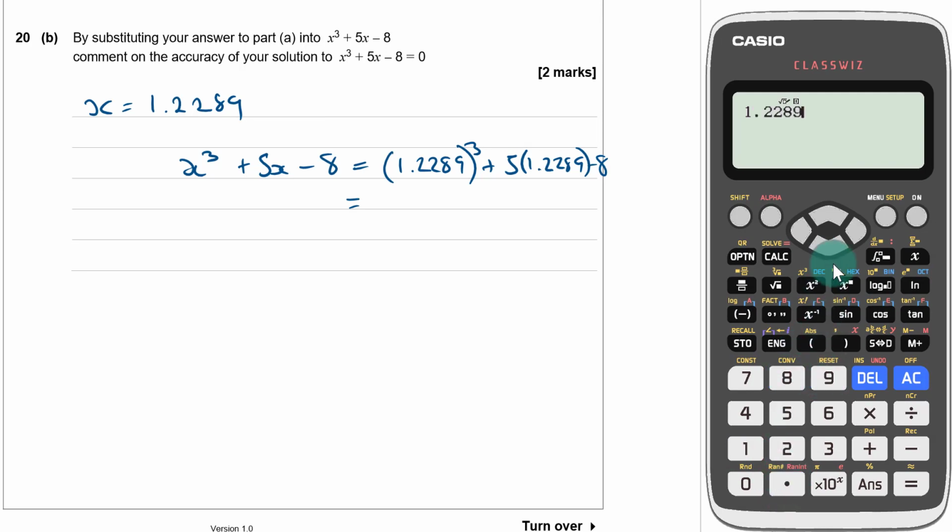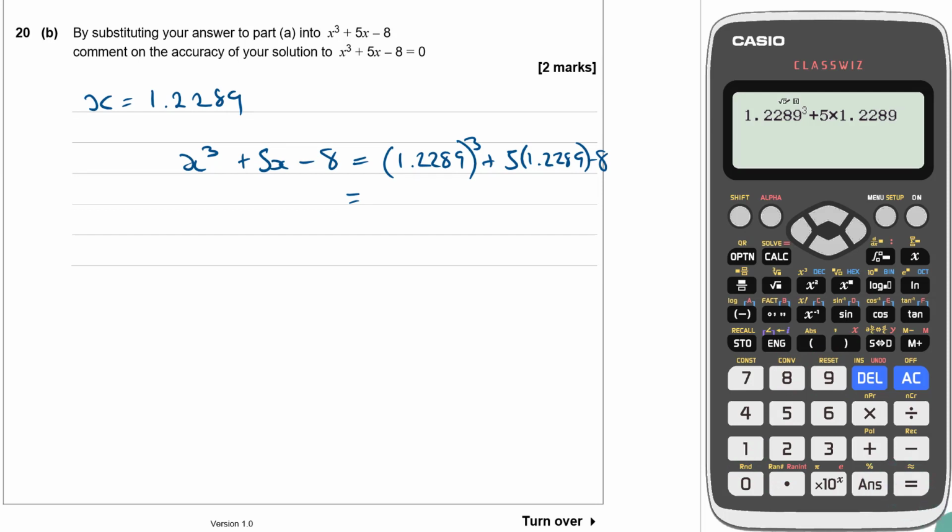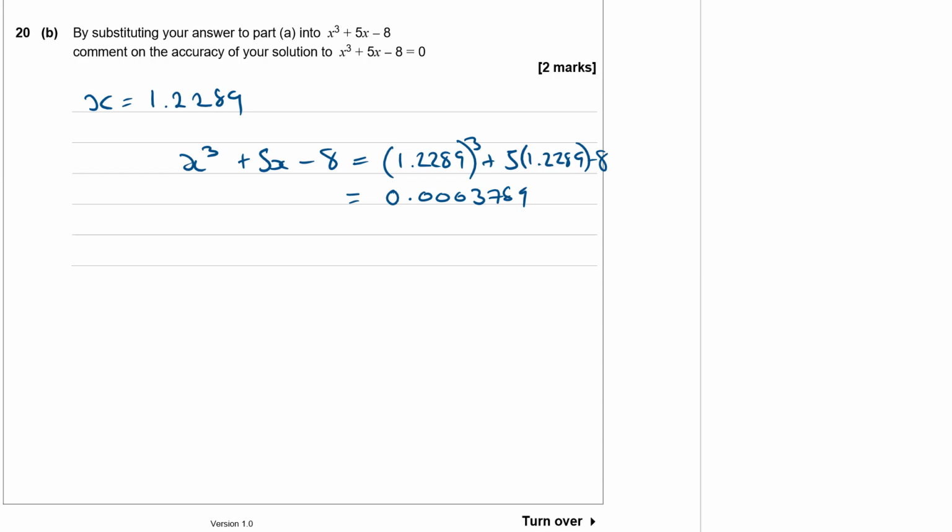1.2289 cubed plus 5 lots of 1.2289. Okay, that comes out to be 0.0003789. Very small number.